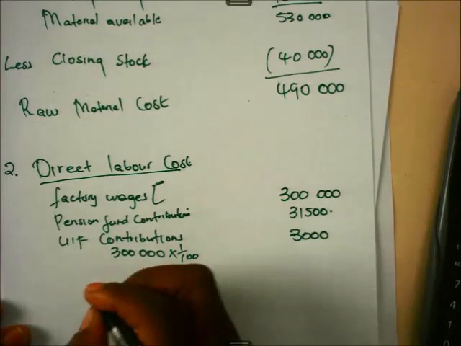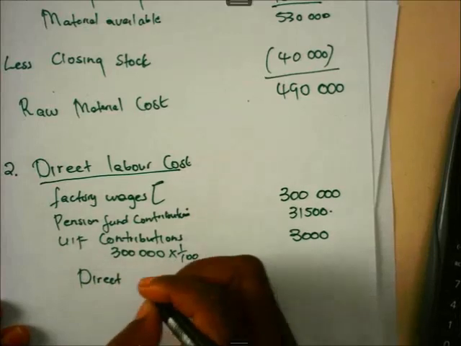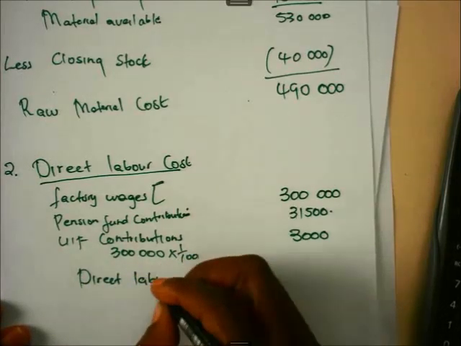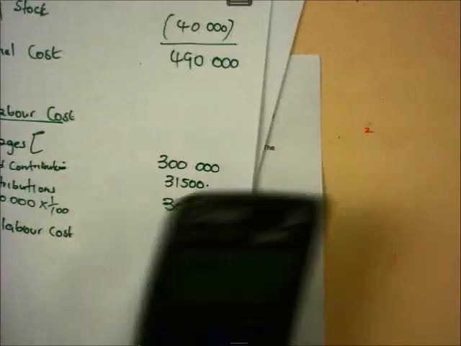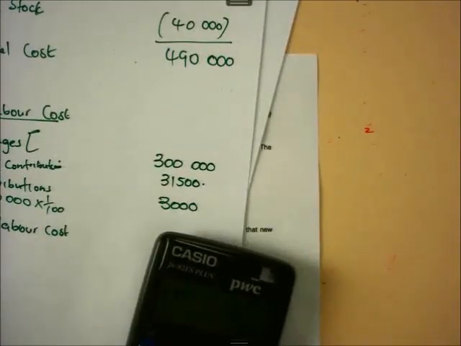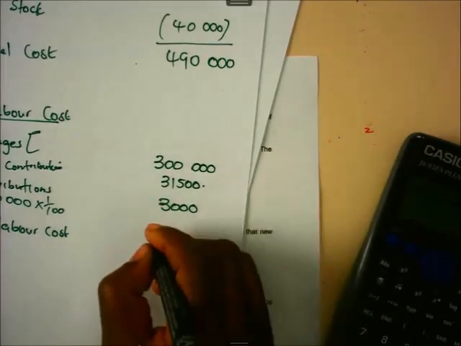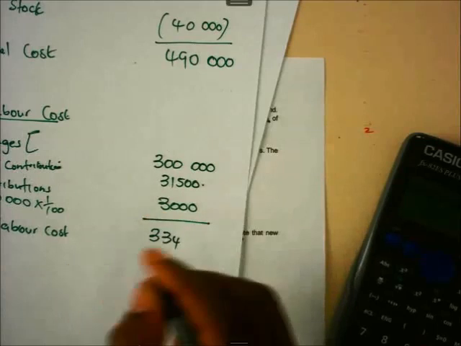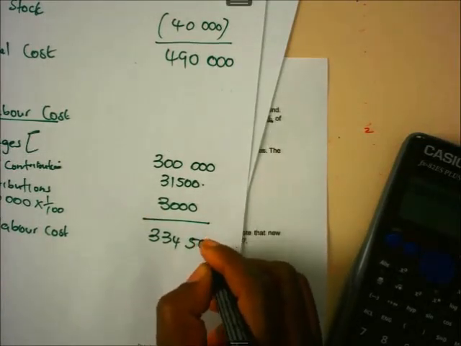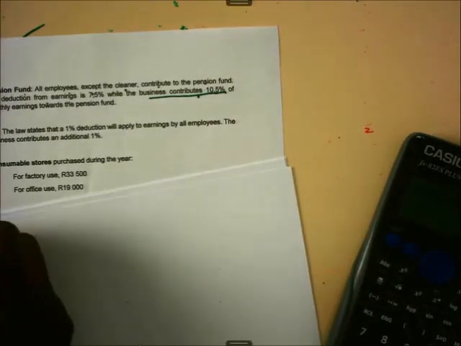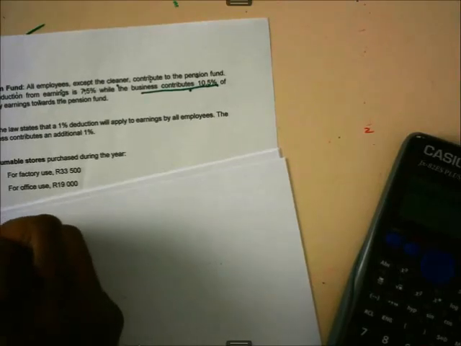Now we add them together to get the direct labor cost. That is 300,000 plus 31,500 plus 3,000. So the total direct labor is 334,500.